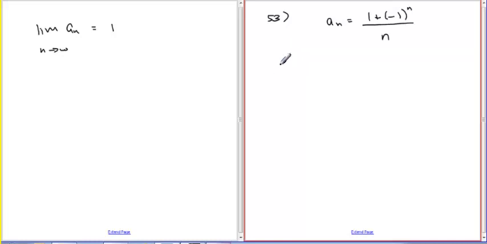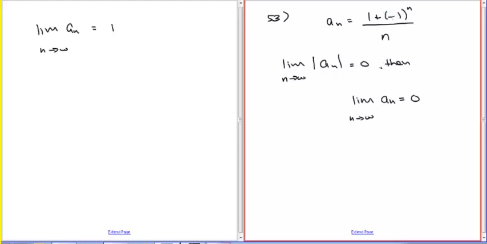This is on page 598. If the limit as n goes to infinity of the absolute value of a sub n equals 0, then the limit as n goes to infinity of a sub n also equals 0.